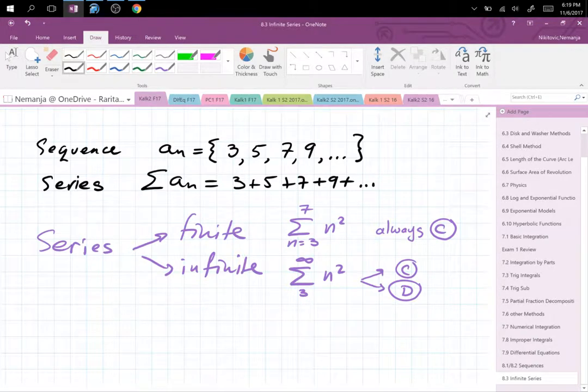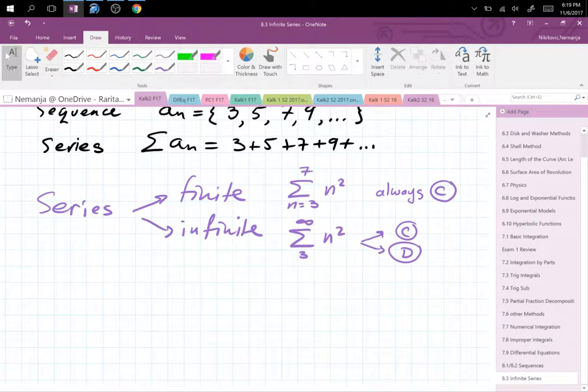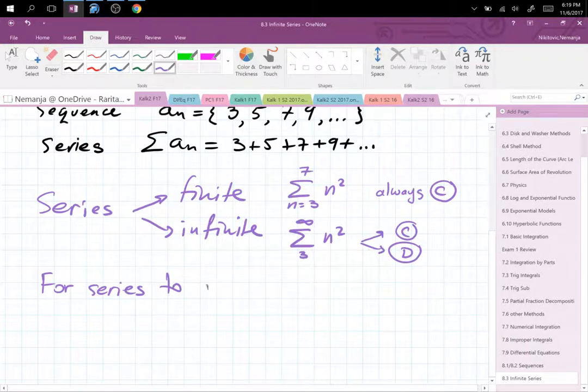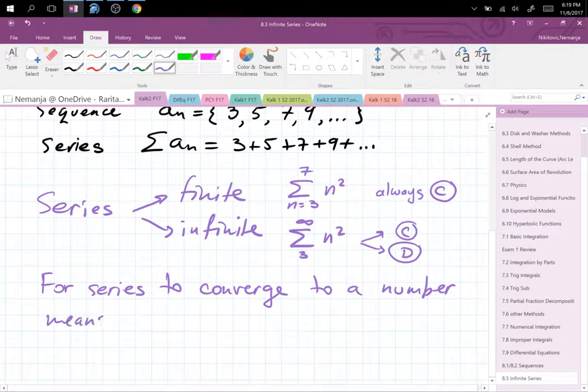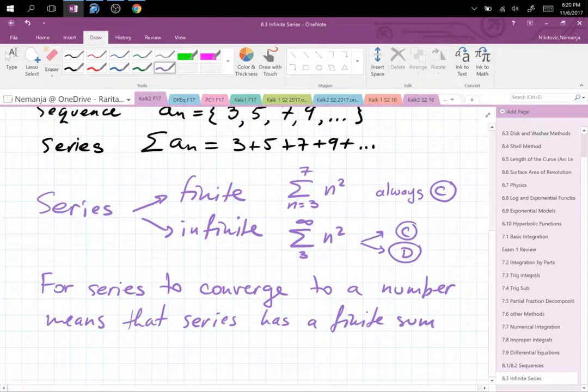Now, what does it mean for a series to converge? Well, it means that the sum is a finite number. So for a series to converge to a number means that the series has a finite sum.